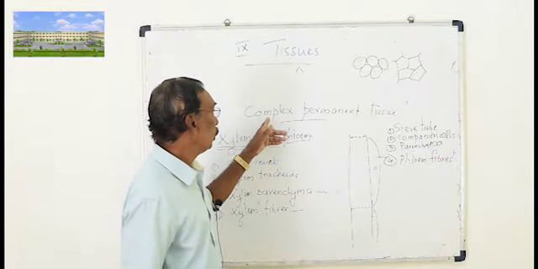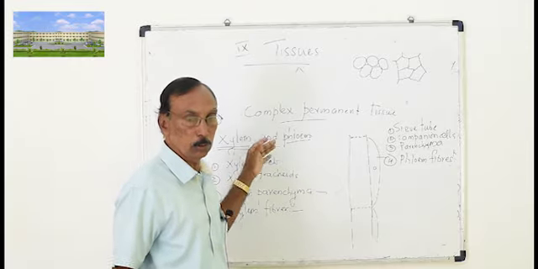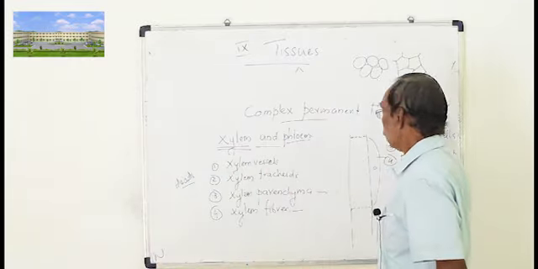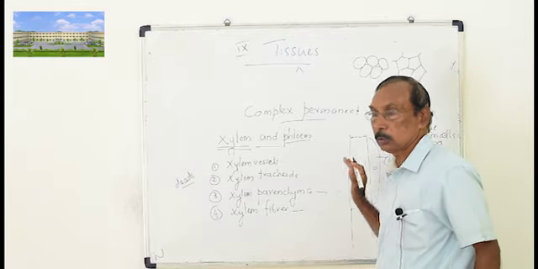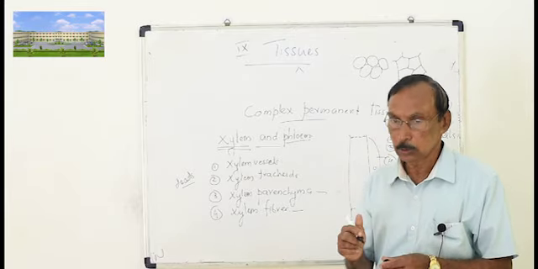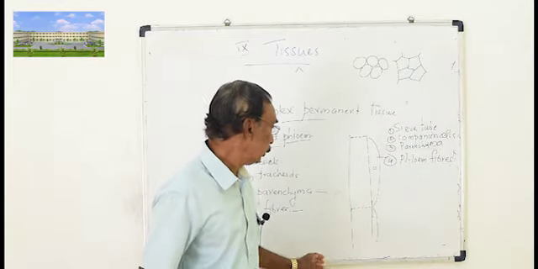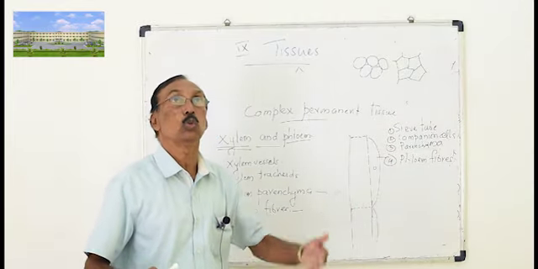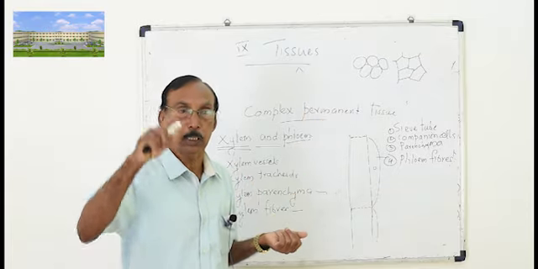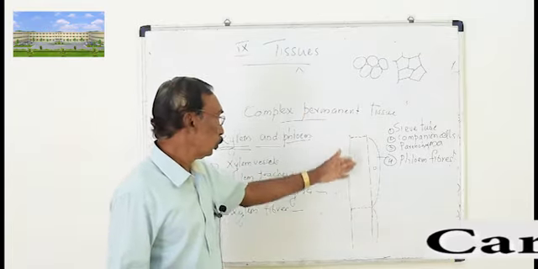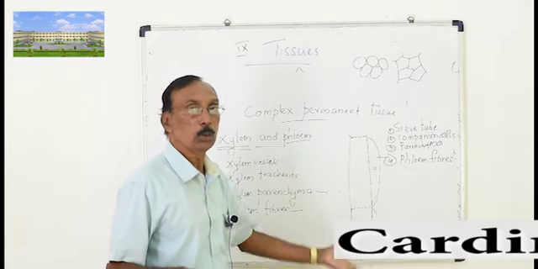So xylem and phloem are complex permanent tissues. They do one function but have different types of cells. One important difference between phloem transport and xylem transport: in xylem, water is transported from the root to the leaves, in one direction. But phloem transport is in both directions, because through the sieve tube food can go up and down.